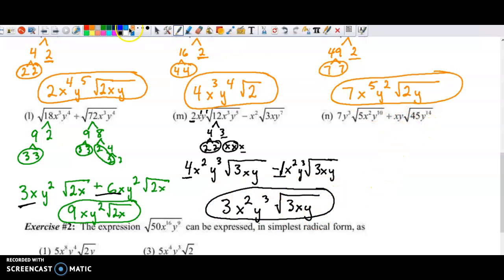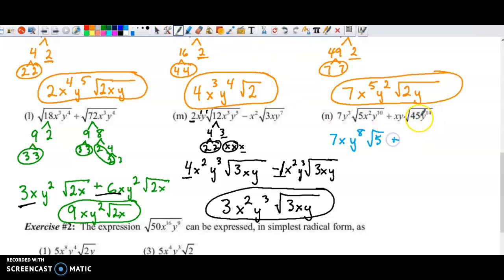Just one more, probably equally as difficult as everything else. And I'm going to try and squeeze it in. 7x, that's y cubed, that we could add 5 more y's to, so it becomes y to the 8th, square root of 5. We took out those x's, we took out those y's. I don't really like how big I wrote that, so let me erase a little bit.